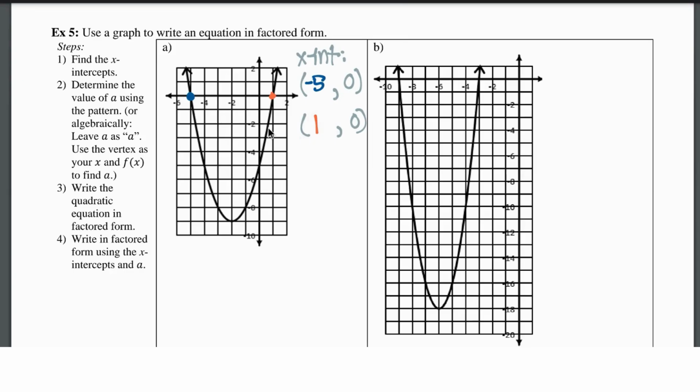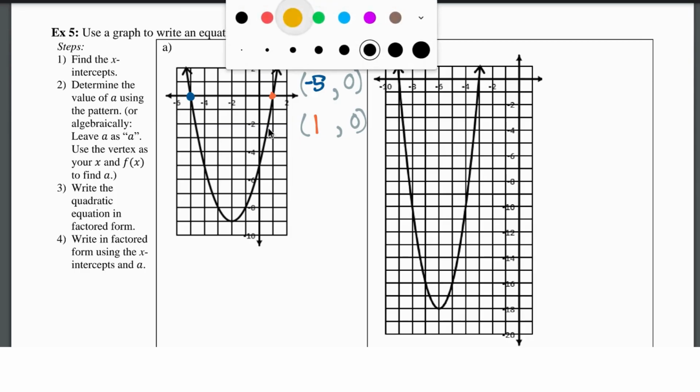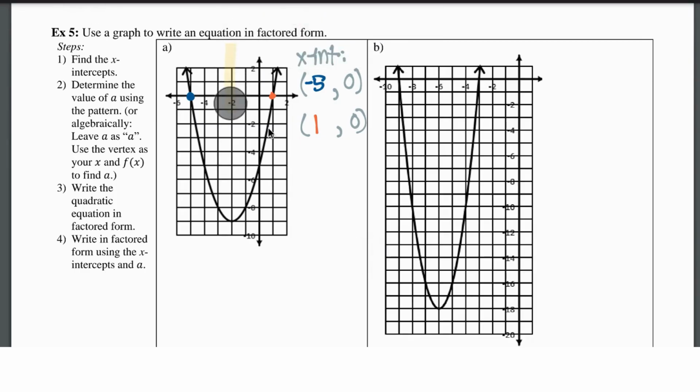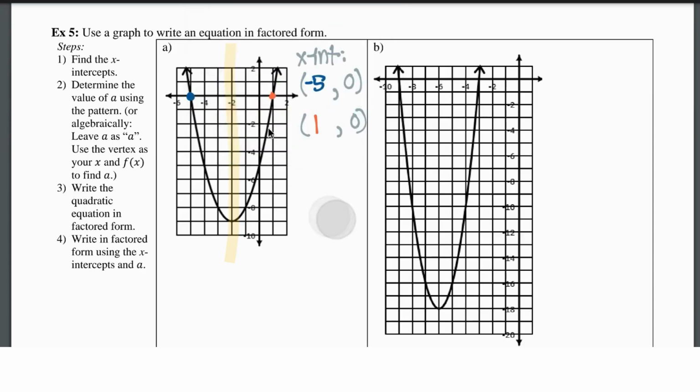I can see from my graph as well, oops, I meant to get a highlighter, that my axis of symmetry is going through -2. And that axis of symmetry tells me the h value of my vertex. So this visually should be able to show me what a is.